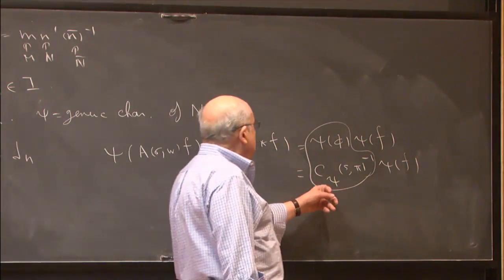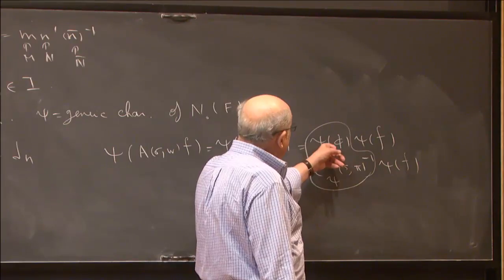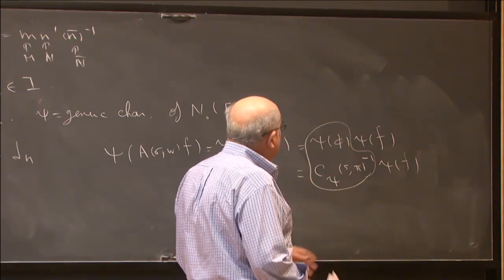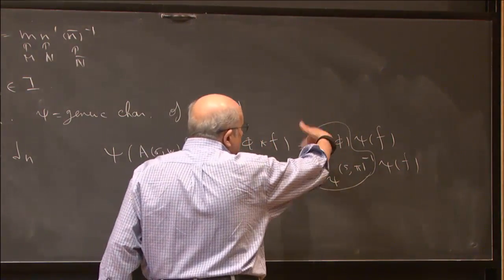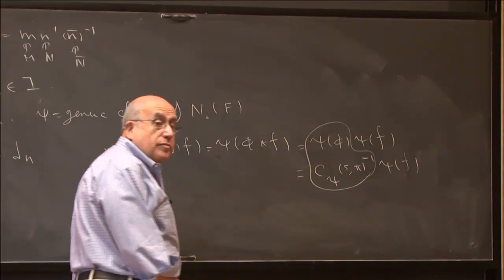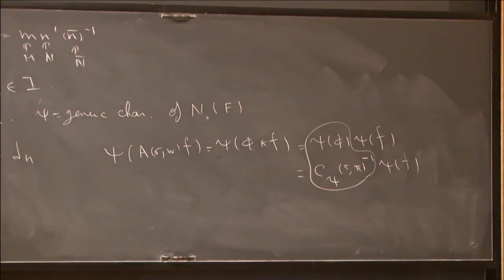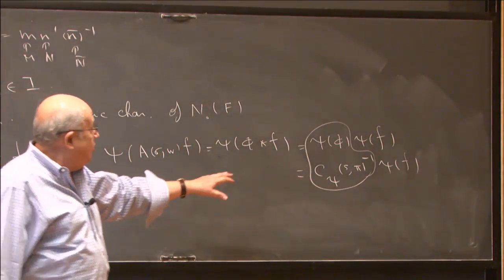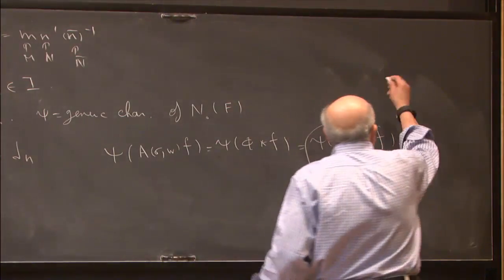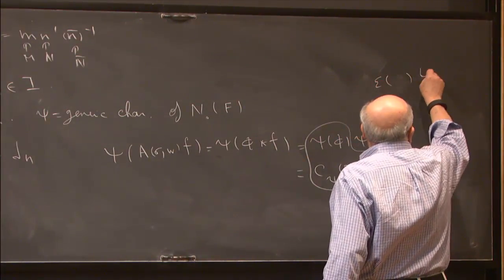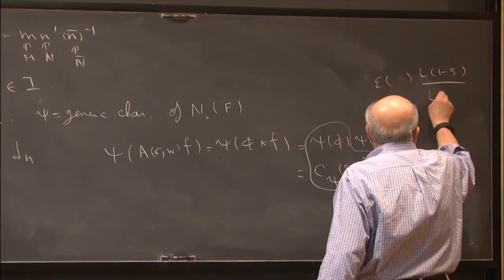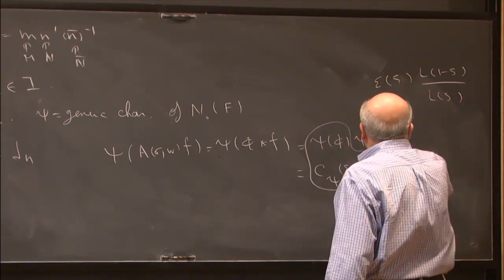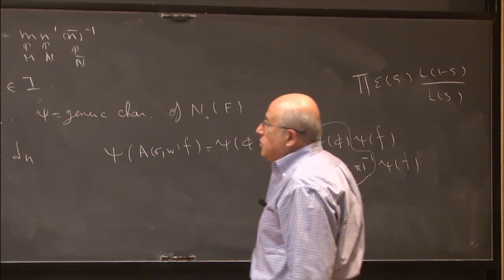This is a normalizing factor for intertwining operators, and the conclusion would be that this normalized Fourier transform is unitary. These are normalizing factors. They are not like the ones that Langlands requested, but they are gamma functions. They are basically epsilon L of 1 minus s divided by L of s, a product of such things for different representations.